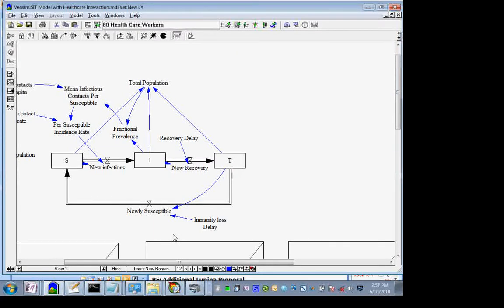Okay, the flows. People per unit time. So given what time is measured in, that would be persons per day. We just saw it up here: model, settings, day.